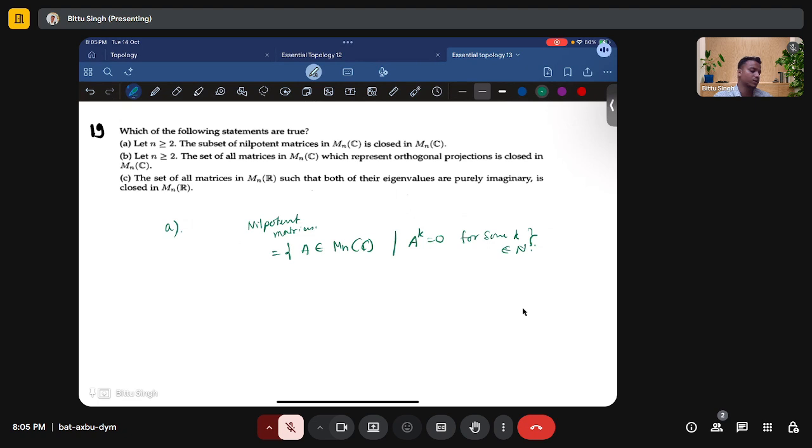We need to prove that the complement of this set is open.